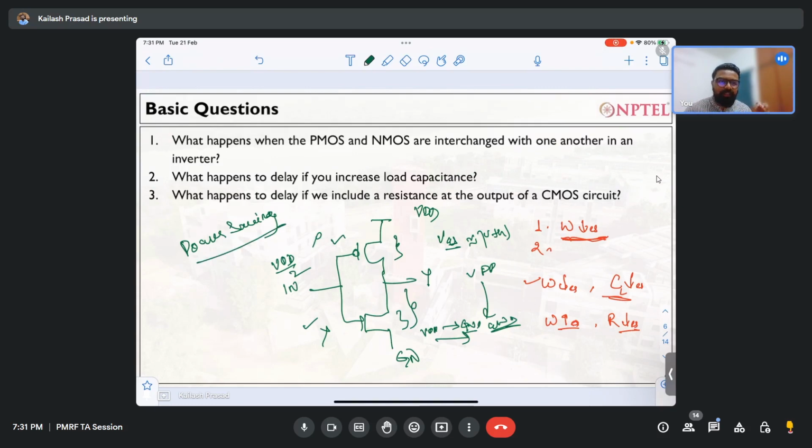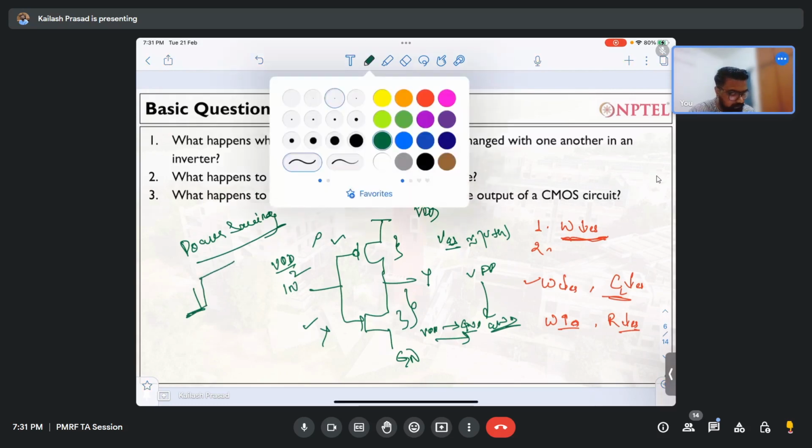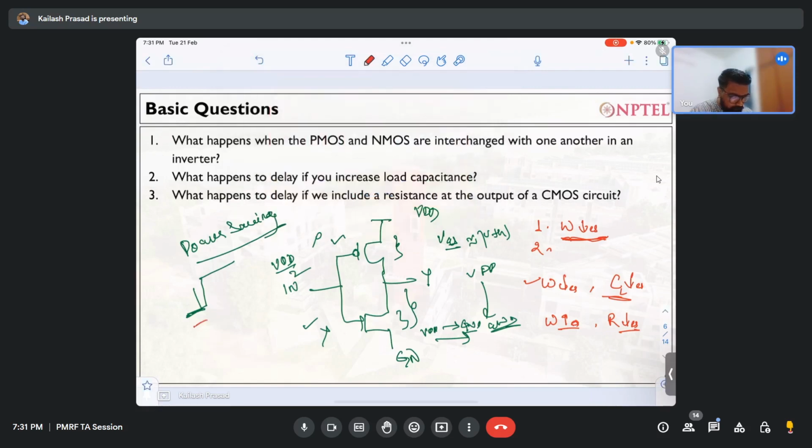Okay, now the thing is, when does the power consumption happen? The power consumption actually happens when the input is transitioning, when the input is going from 0 to VDD. In the case of an inverter, if the input is going from 0 to VDD, the output will go from VDD to 0.